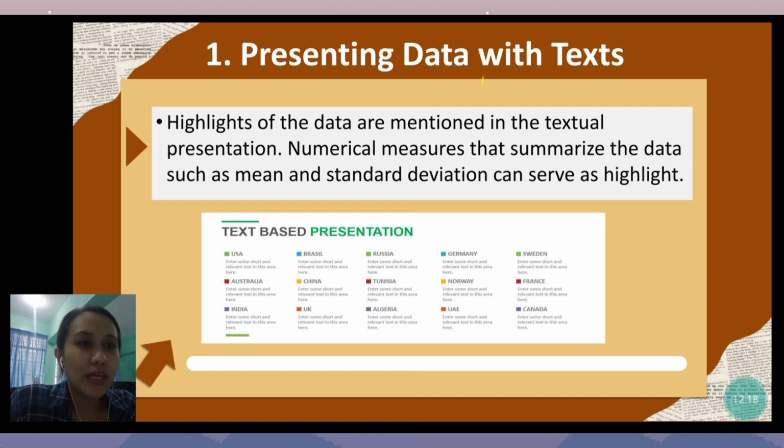The main highlights are being mentioned, like USA, Brazil, Russia, Germany. The different countries are being highlighted because there are colorful squares beside them. And in terms of font size, the font size is larger, meaning these are the information that are being highlighted.